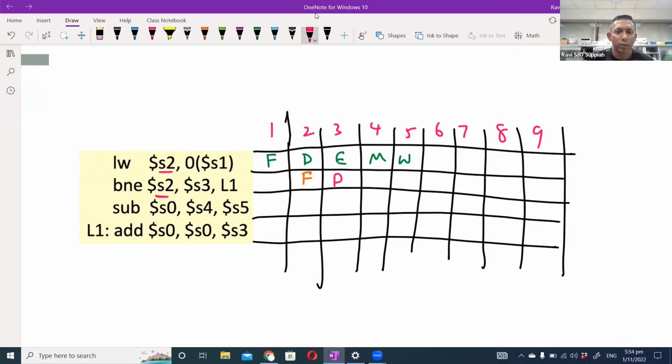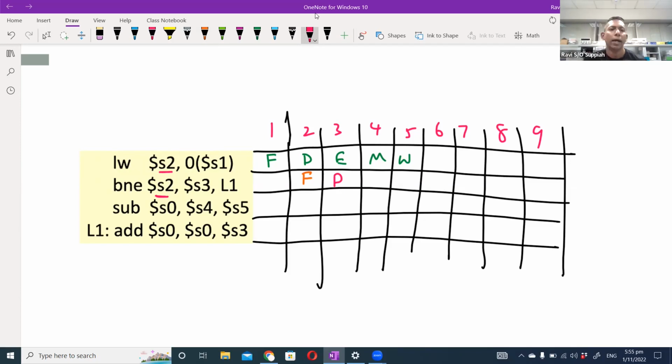Now I can't move on to the execute stage because the branch computation is done in the ALU. So the execute stage cannot complete until the memory stage is done for the earlier instruction. So I need to do a stall over here.